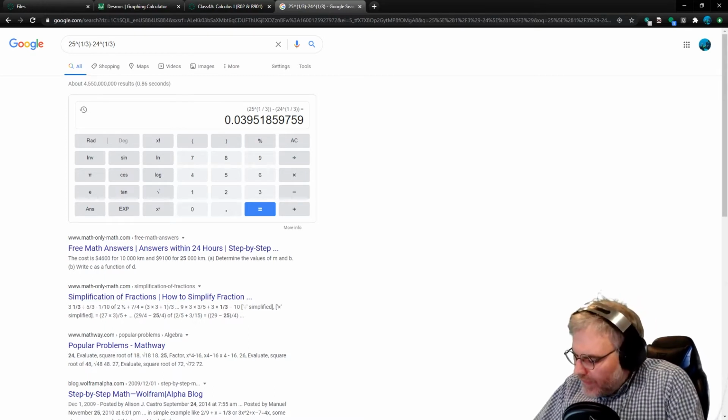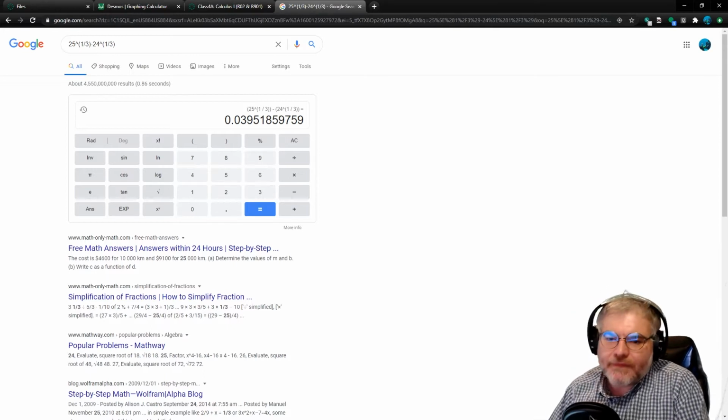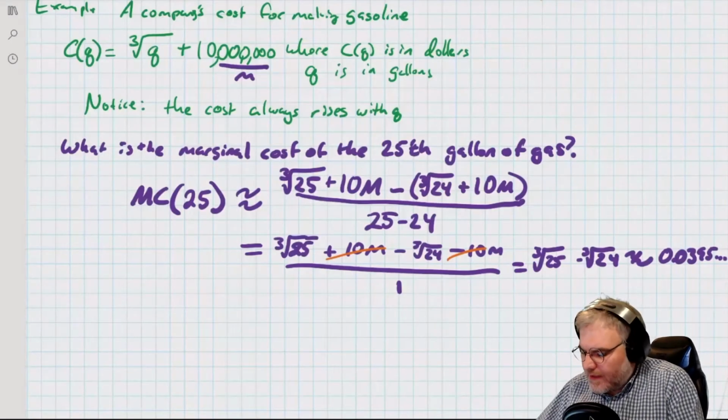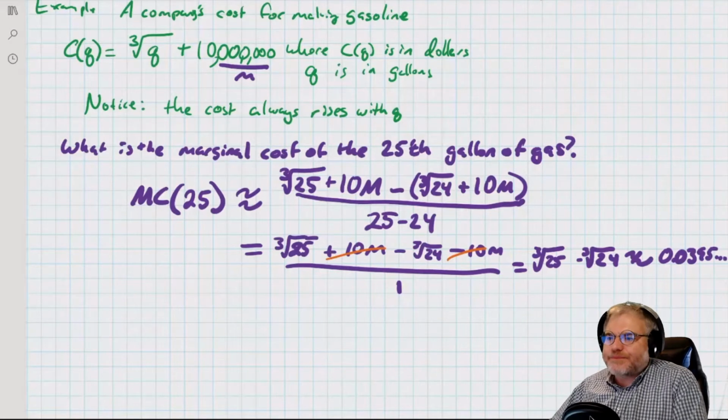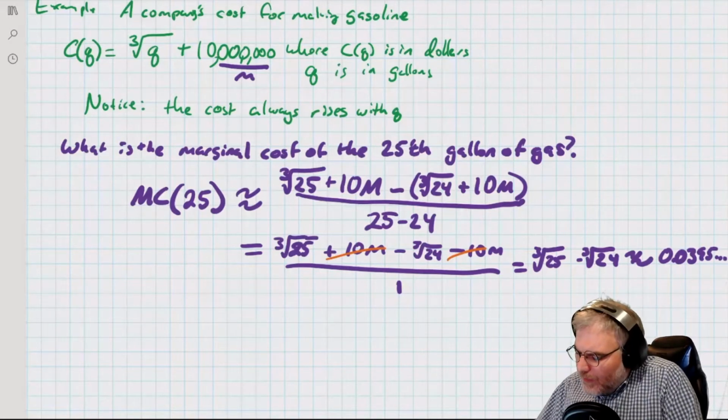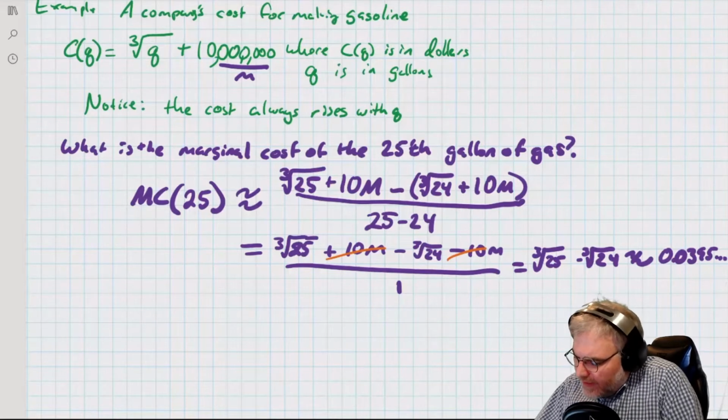So we wind up with this approximately being 0.0395, and so on. And you are correct, I needed a plus there, not a minus. Okay. So that's about the marginal cost of that 25th gallon of gasoline.